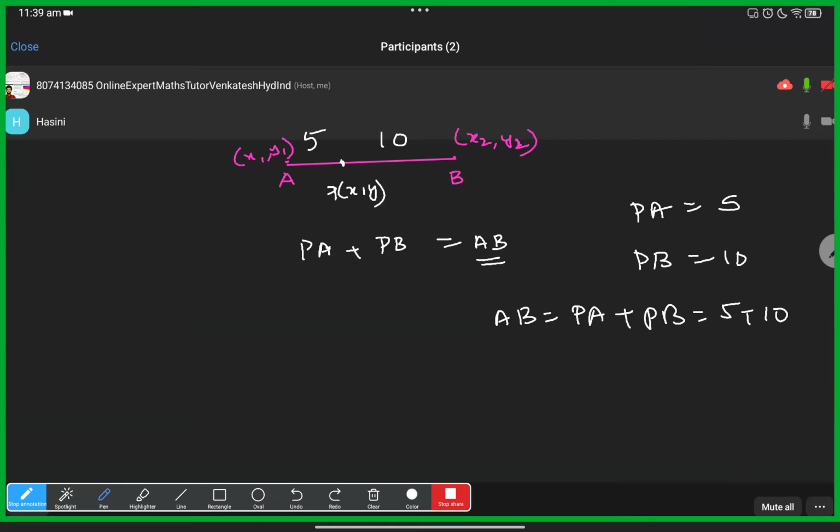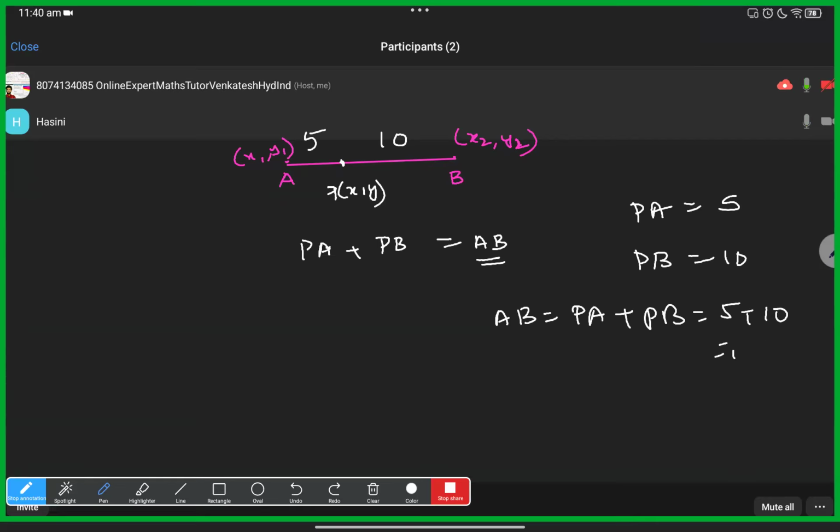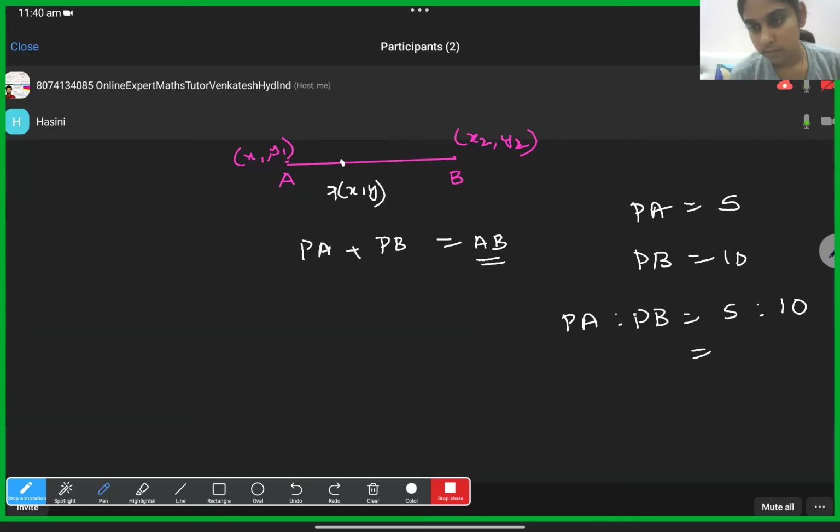So now in this exercise, if we take the ratio of PA to PB, we get 5 is to 10, which is 1:2.